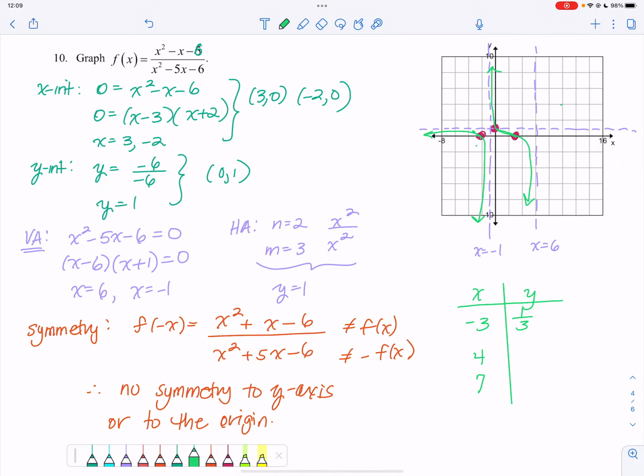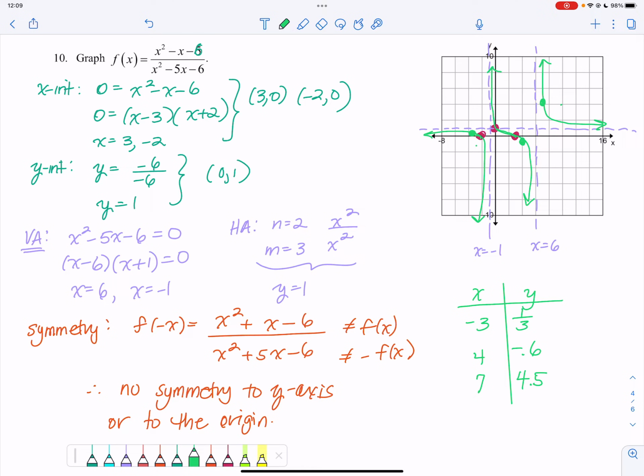So that is why we're right here. And when x is 4, y is -0.6. So we're right here. And when x is 7, y is 4.5. So about right here. So now we know that this graph looks like that.